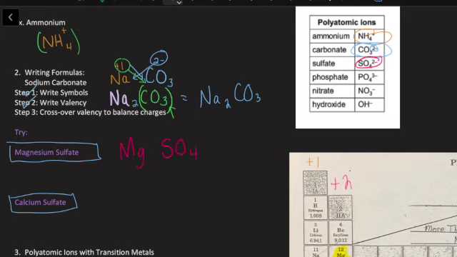Okay, so we got step 1, write the symbols, then write the valency. So magnesium we said is 2+, and sulfate, if you look right there, is 2-. So that one is perfectly paired already. It created a balanced charge by itself. So that is just the answer, MgSO4, just because these charges are already balanced.